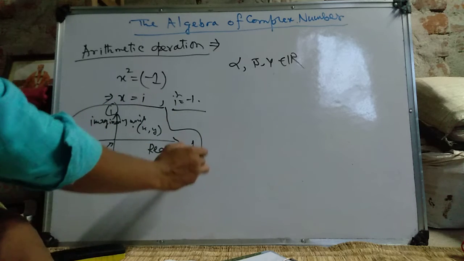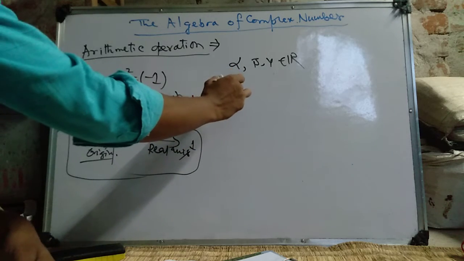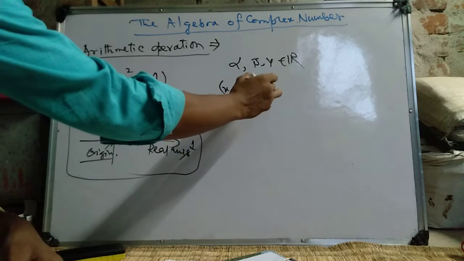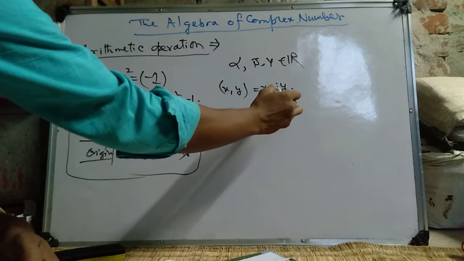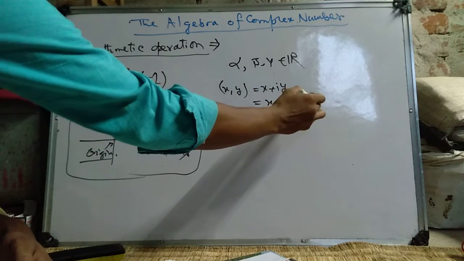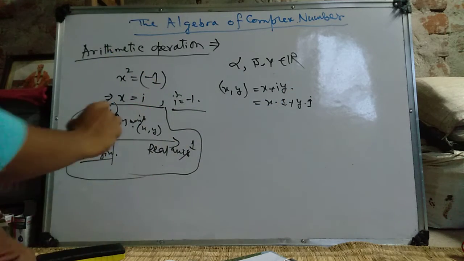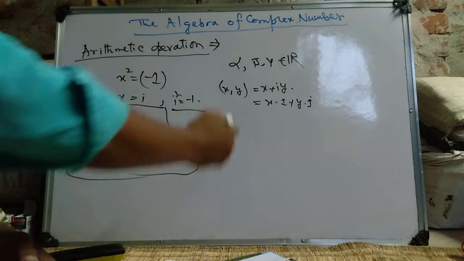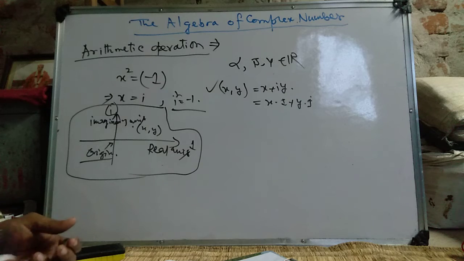This point (x, y) is denoted in a simple way: (x, y) equal to x plus iy. That means x multiplied by 1 and y multiplied by i, because this one, i, is the unit on this axis and 1 is the unit on the other. So we write any complex number in this form.